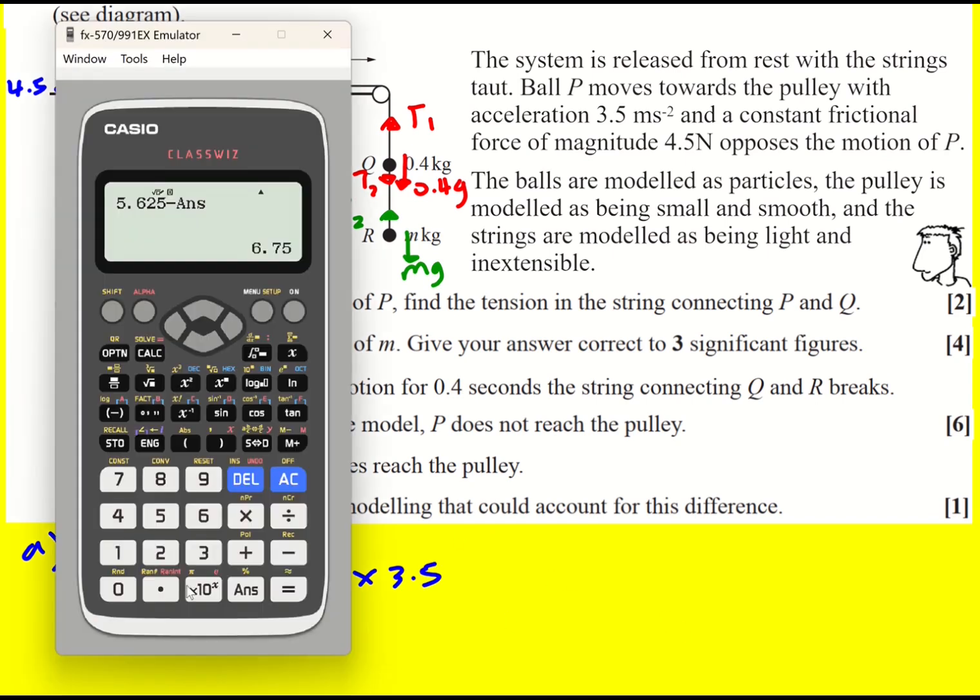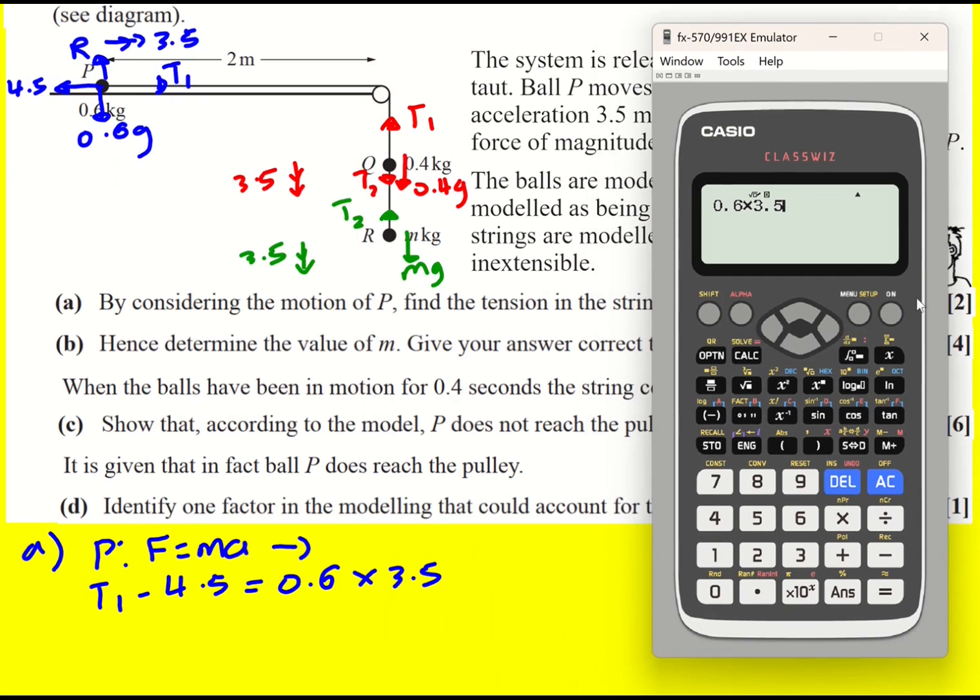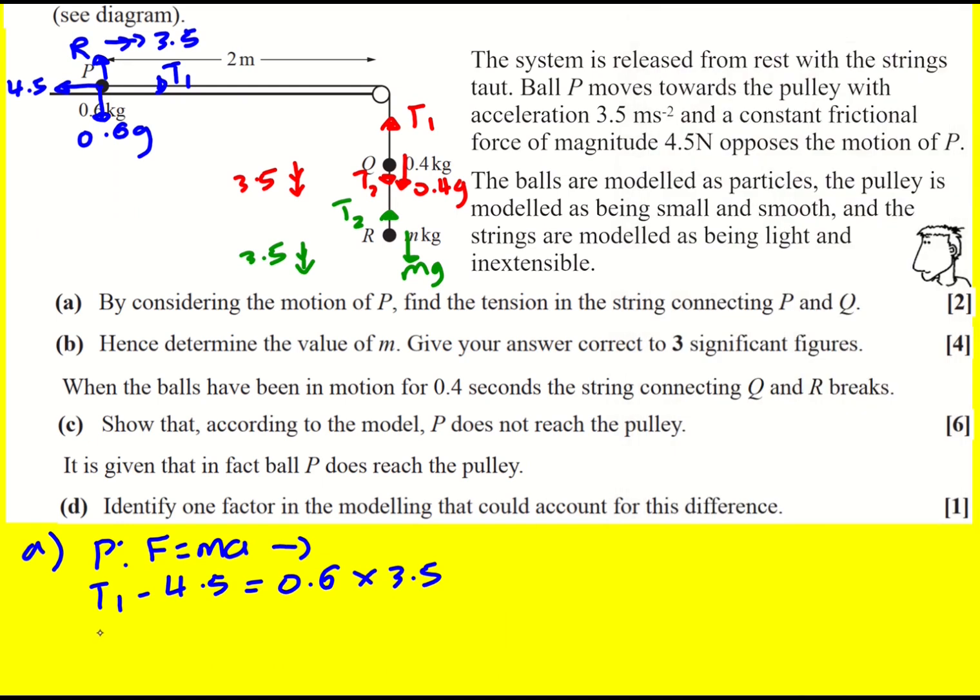There's enough information there to be able to work out T1. So 0.6 times 3.5, and then I'm going to be adding 4.5. This gives us 6.6 newtons.